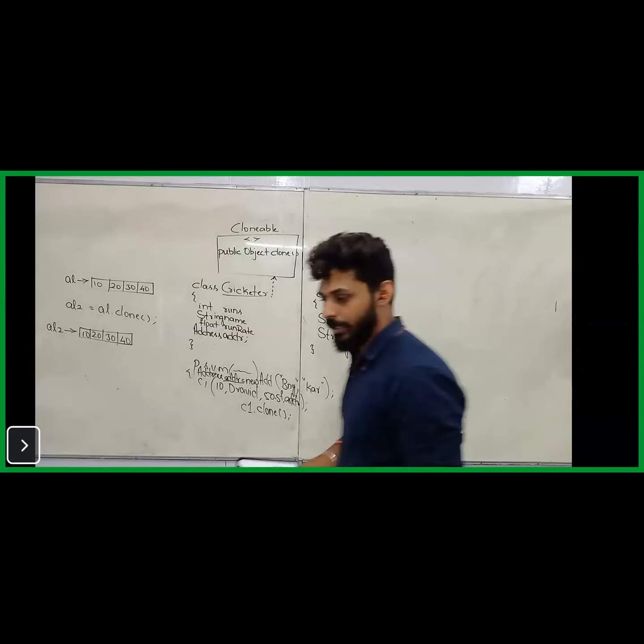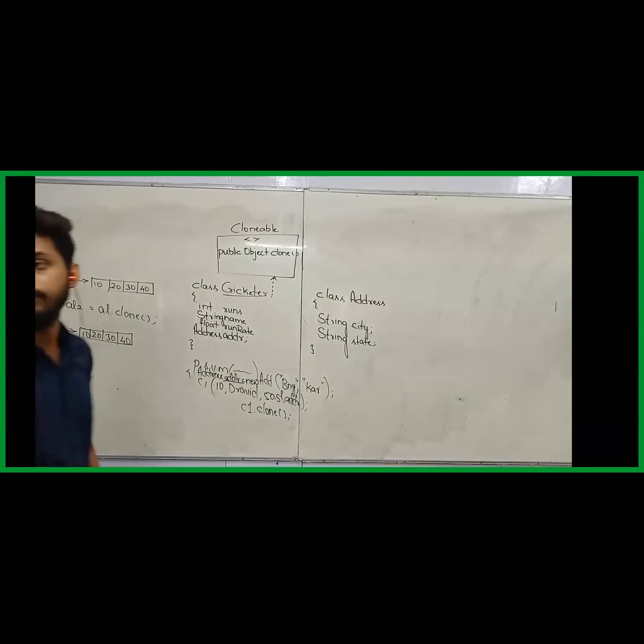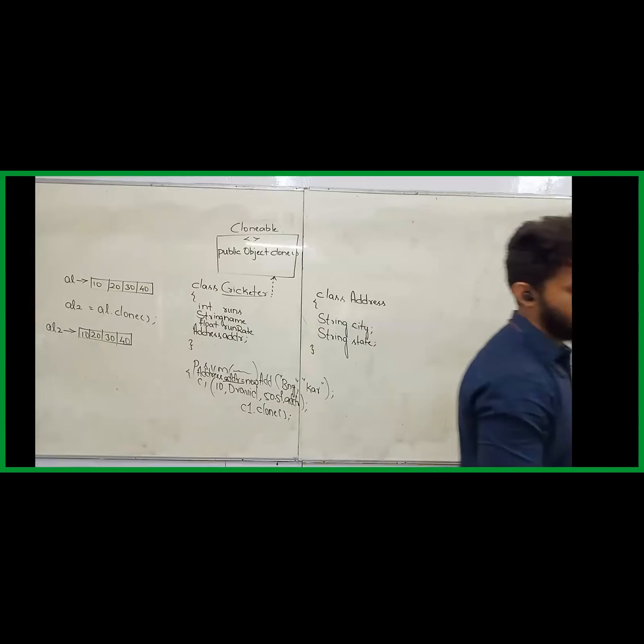So as I've already informed, there are two types of creating a copy of an object. Which are those?